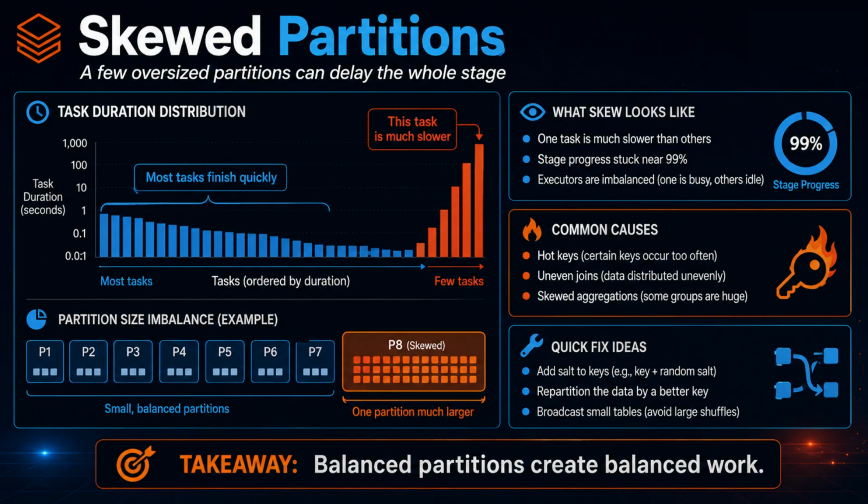In Spark UI, skew often appears as one task that is much slower than the others, progress that seems stuck near 99%, or executors that look badly imbalanced. Common fixes include salting hot keys, repartitioning with a better key, or broadcasting small tables to avoid large shuffles. Balanced partitions create balanced work.